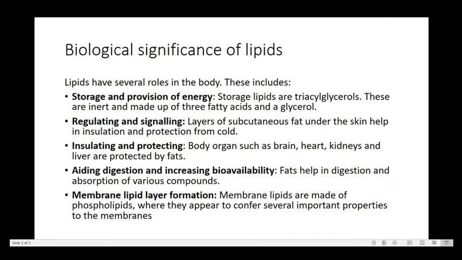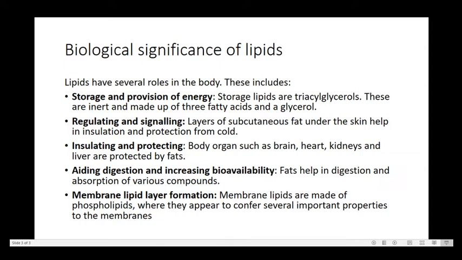Layers of subcutaneous fat under the skin help in insulation and protection from cold. Triacylglycerols control the body's internal climate, maintaining a constant temperature. So, those who don't have enough fat in their body, they tend to feel cold sooner.